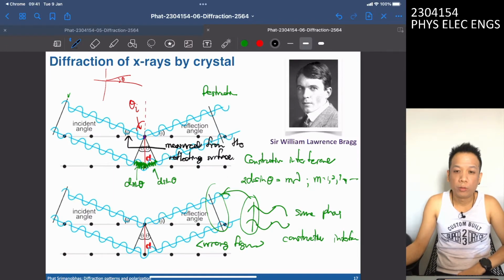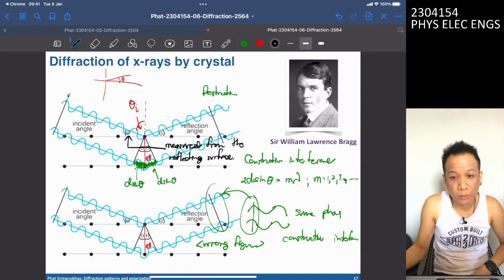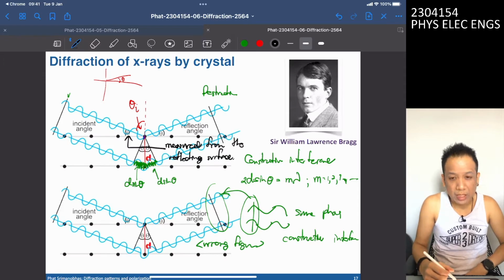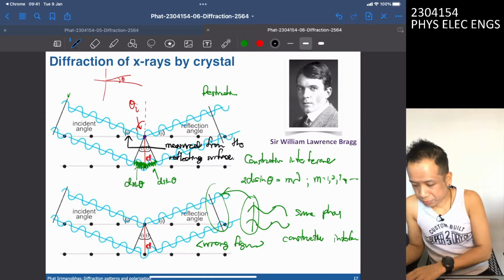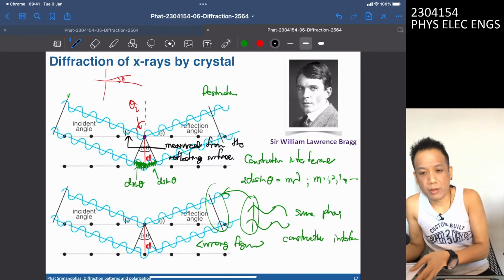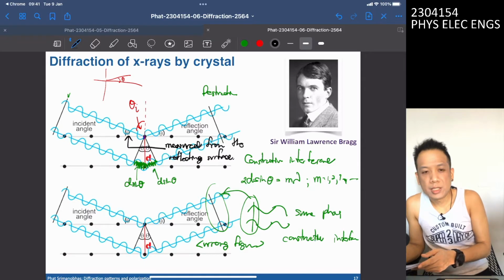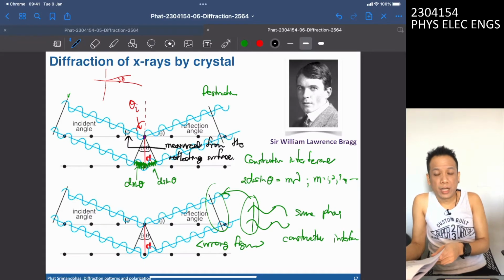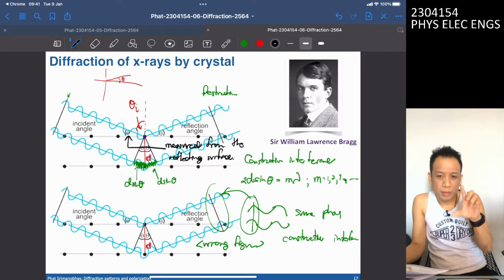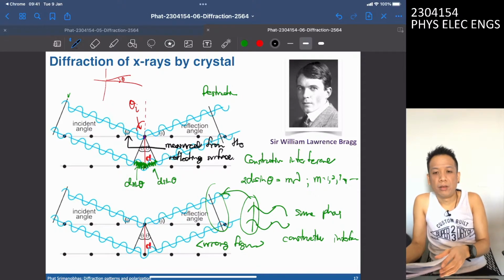When you use it, just be careful what theta means in these formulas. But if you know that, it's fine. You use the equations and define the theta properly. So in this case, you can find the distance between planes of atoms.